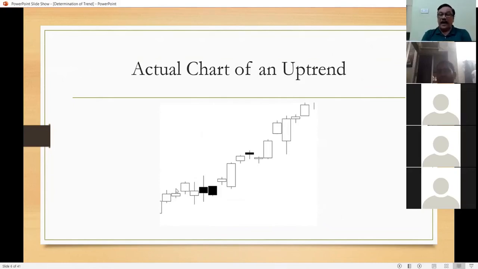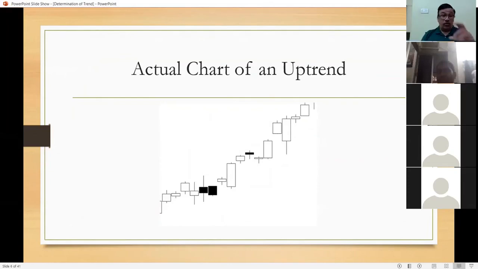Next candle, high is also higher, low is also higher. Then came a candle where there is lower high, lower low. Then came a black candle. Color is black, but if you compare it with the previous white candle, high is higher, low is higher. So though the color of the candle is black, it still represents that the trend is upwards, bullish.